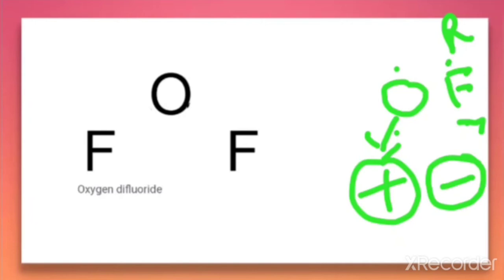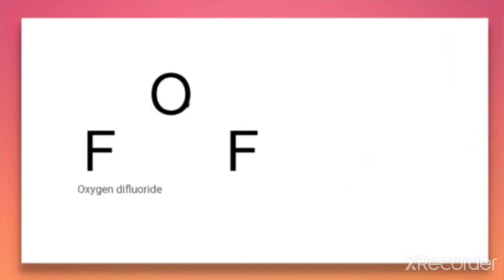In a compound, one of them will be positive, the other one should be negative. So the fluorine, because of high electronegativity, develops a negative oxidation state, that is -1. But compared to fluorine, oxygen is less electronegative. Therefore, if fluorine is developing negative charge, the oxygen must develop the positive charge, that is +2. So the bonding takes place between them, resulting in the formation of oxygen difluoride.